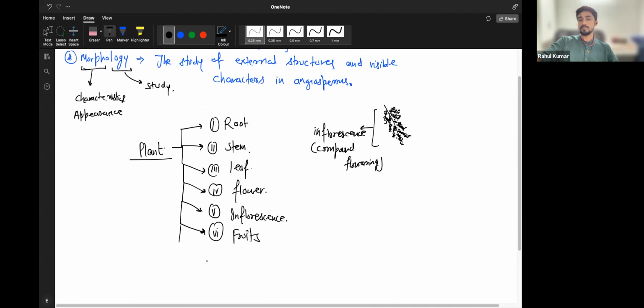And inside the fruit, seeds. Yes. Root, stem, leaf, flower, inflorescence, fruit, seeds. These are the major things that make up the morphology of any flowering plant. Anything that we are missing?